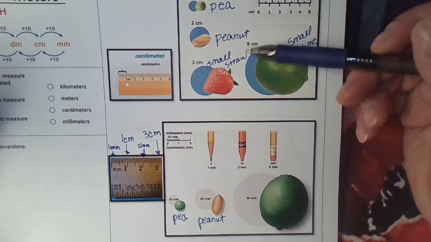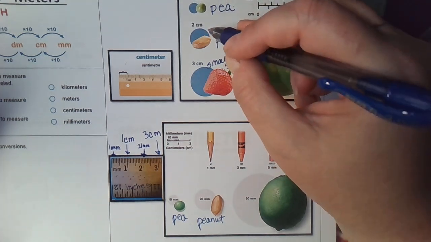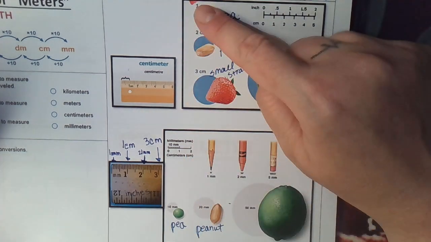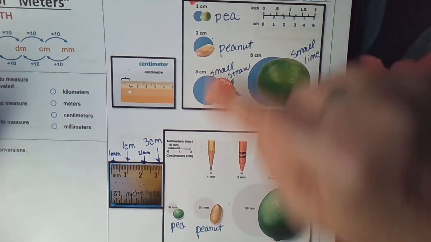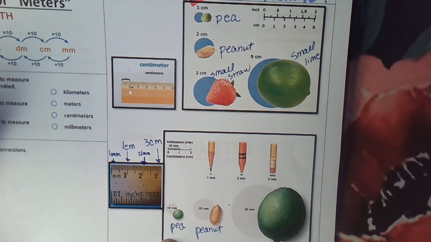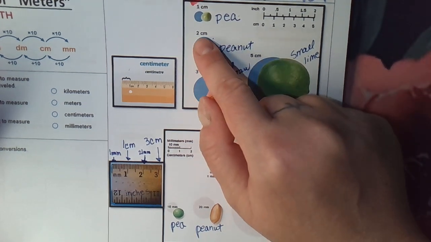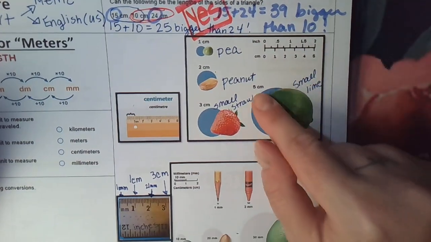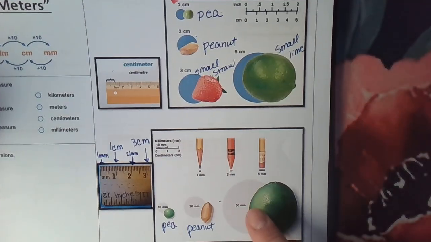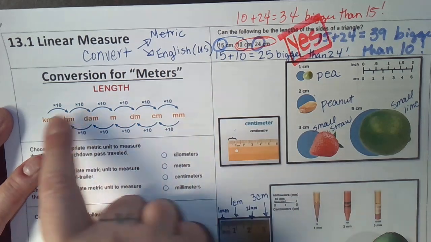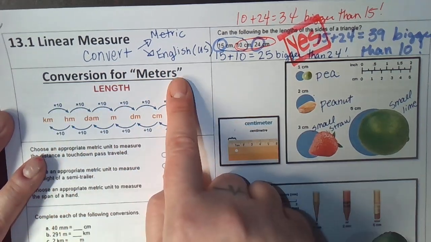It doesn't matter. The way we get from centimeters to millimeters is you multiply by 10. For my green peas, 1 times 10 is 10. Look at your peanut. 2 times 10 is 20. Look at your lime. 5 times 10 is 50. So that's where this times 10 comes from with this conversion.